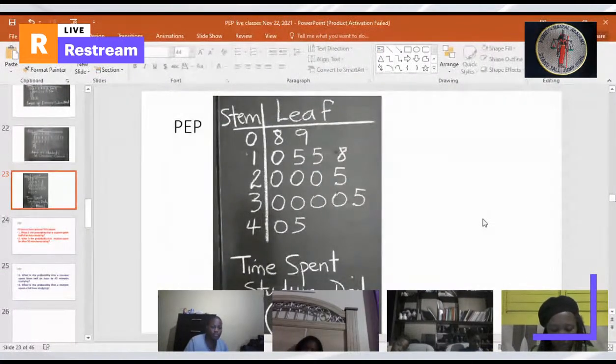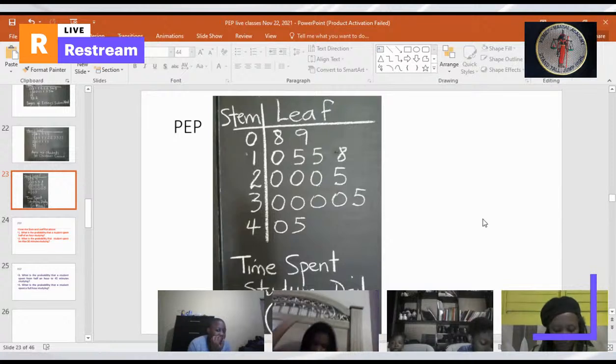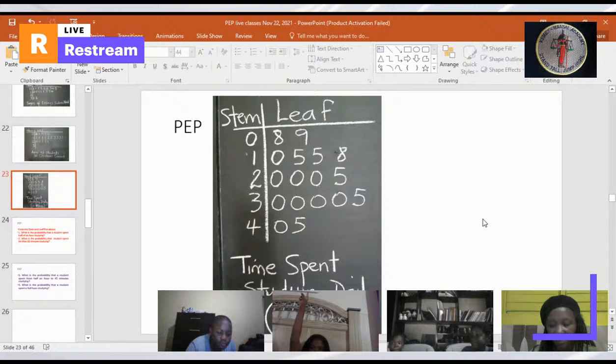How are we going to approach that question? Any ideas? What is probability? That also is a statistics term. When we think of the probability of something happening, what's that?